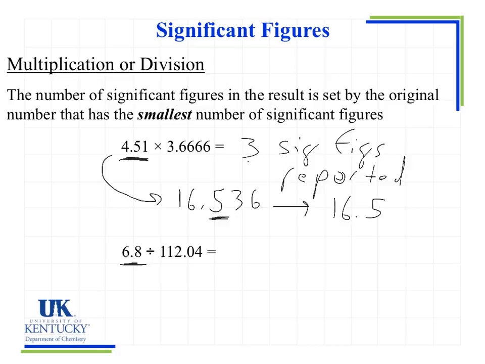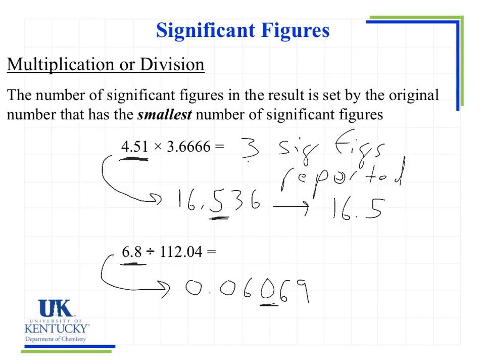So the raw answer, again, what I mean by raw is just writing more numbers than is necessary to aid in rounding, is 0.06069. Again, that's more numbers than is necessary, but this answer should be reported to 2 significant figures. Remember your rules for zeros.